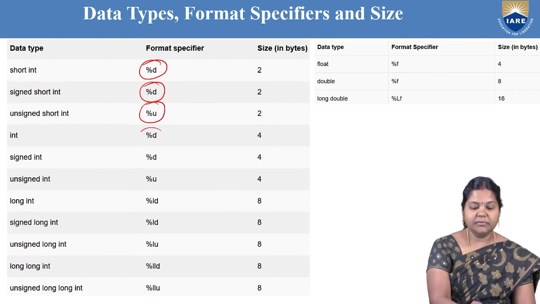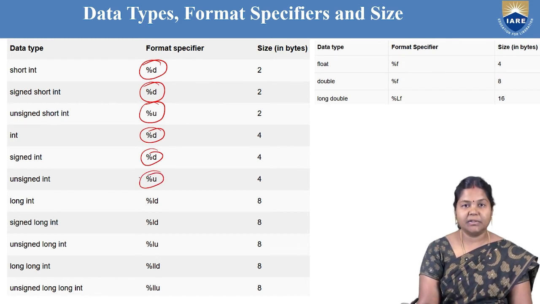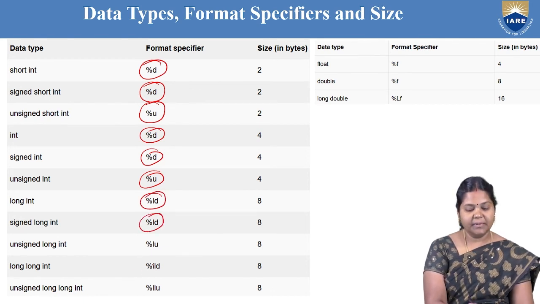Then for integer you can use %d. For signed integer or unsigned integer, it is the same %d and %u. Then long integer, it is %ld. Then unsigned long integer, %lu.